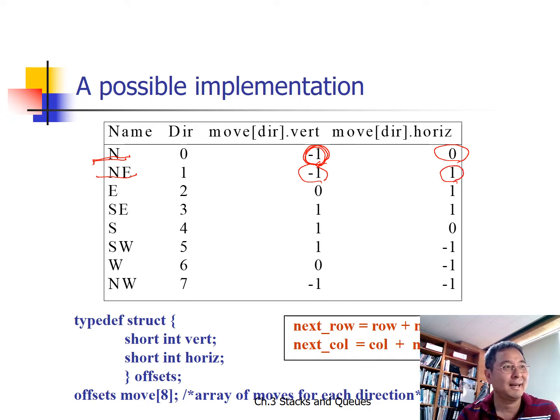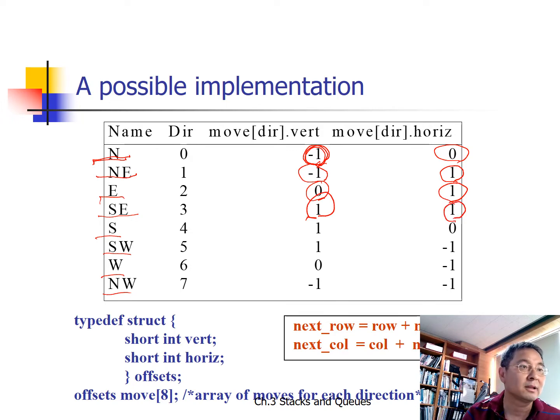And east will not change the row value, only the column value, by +1. In this way, every one of the 8 possible directions can be defined by these change values.